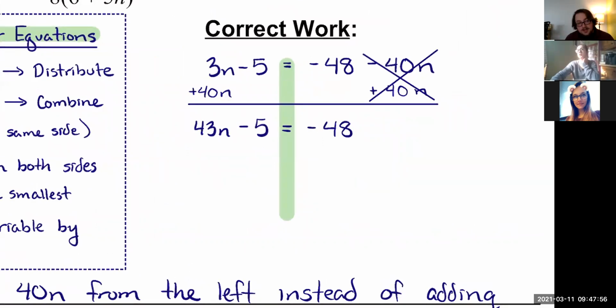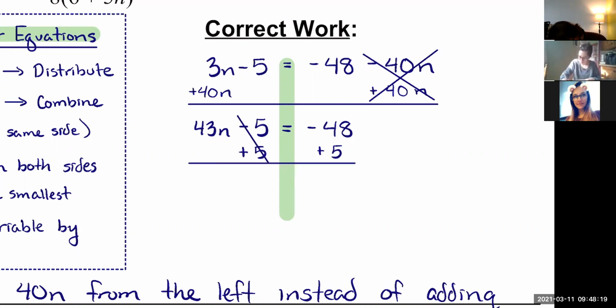So we took care of the parentheses. There were no like terms. We got the variable to one side. All that's left is to get that variable alone. What would you move next? The -5, and how would you move it? Add 5 to both sides. So that leaves me with 43n on the left.